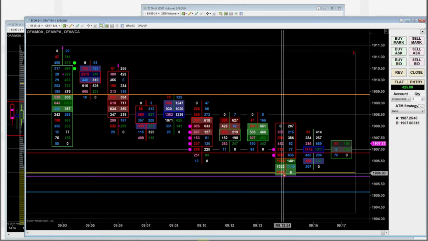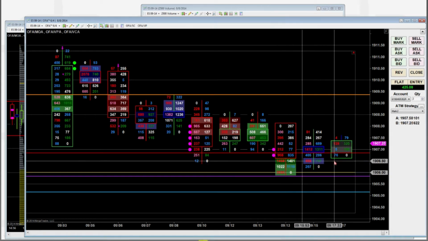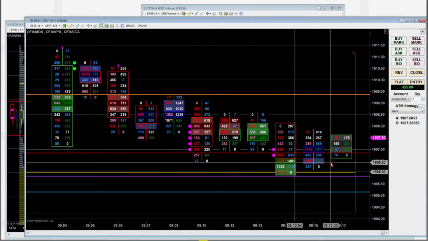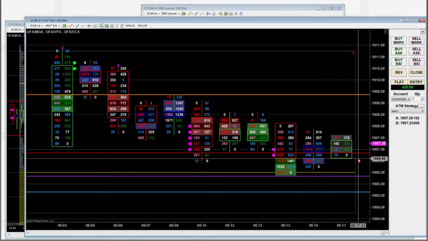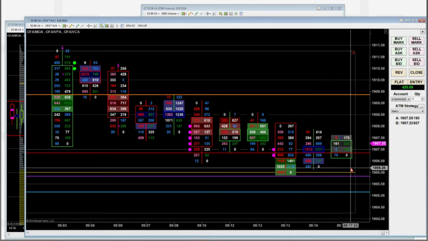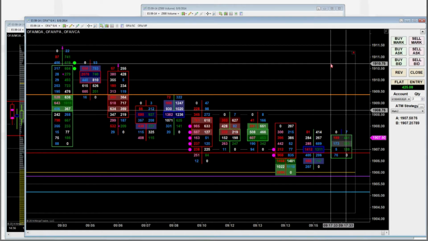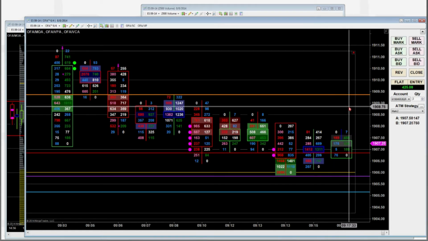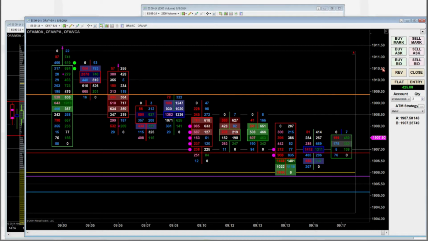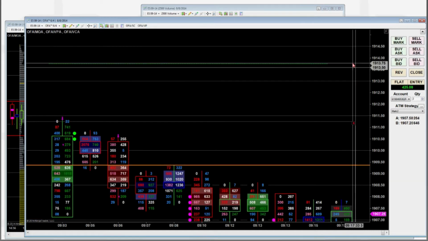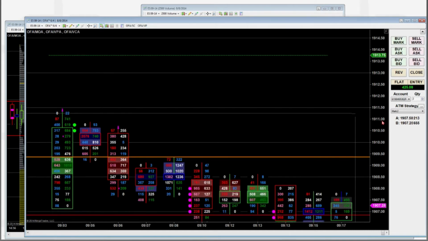So outside of this at 1906, and this actually may prove to hold, longs may be absorbing the sellers to look to get stops to finally run this area. I'm still looking for this level back up here and possibly higher.